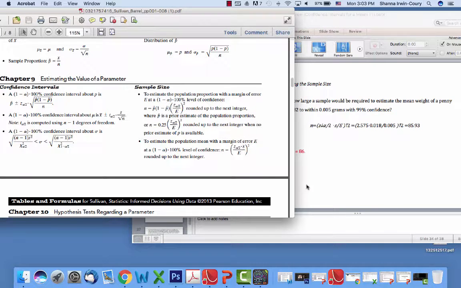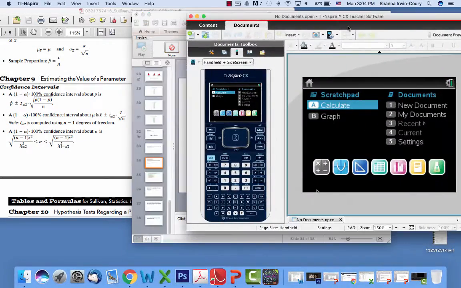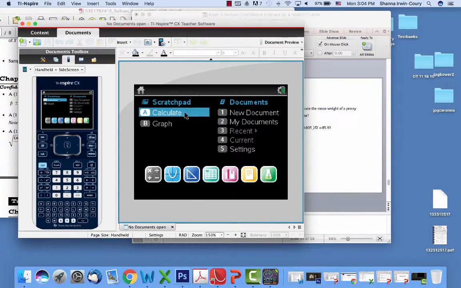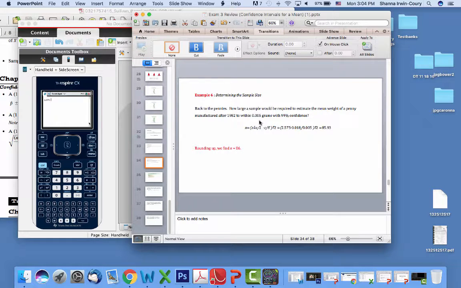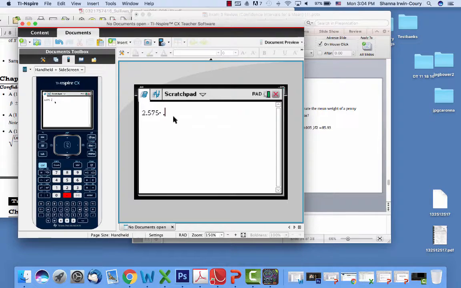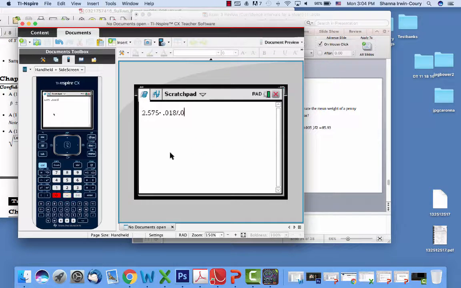2.575 times the standard error divided by the error, and then all of that squared. 2.575 times the standard error was 0.018, and then we divide by 0.005, the error, and then square it.